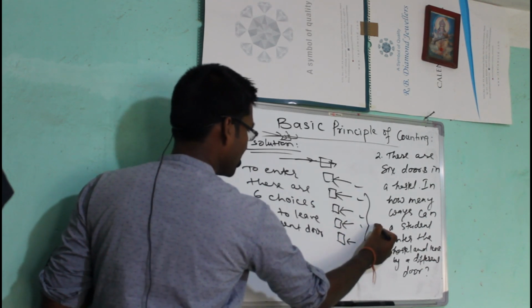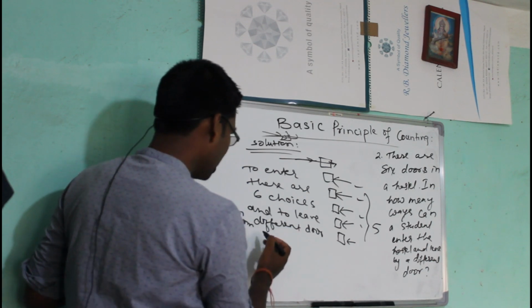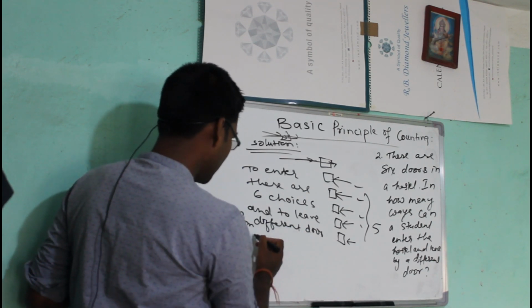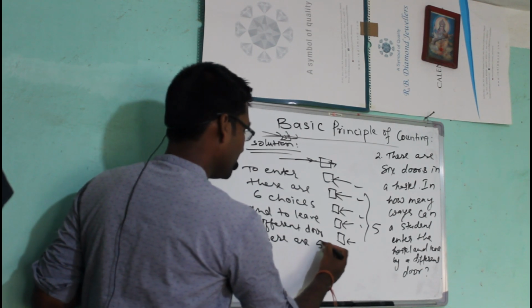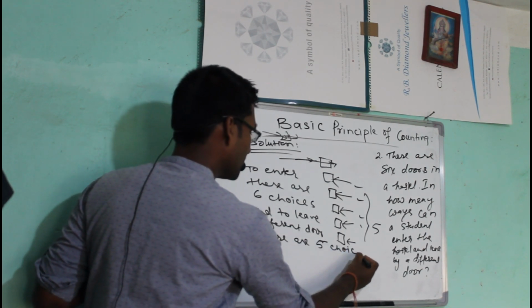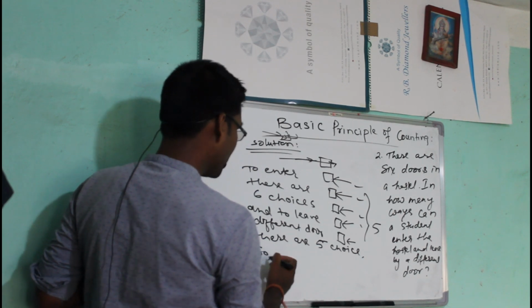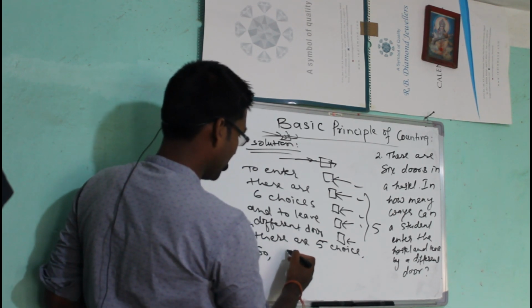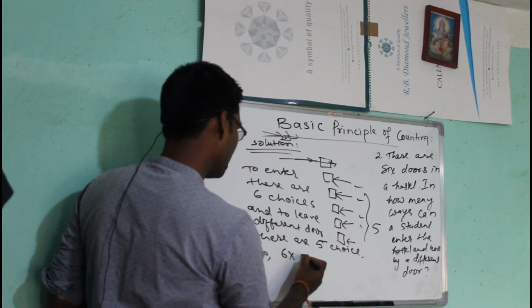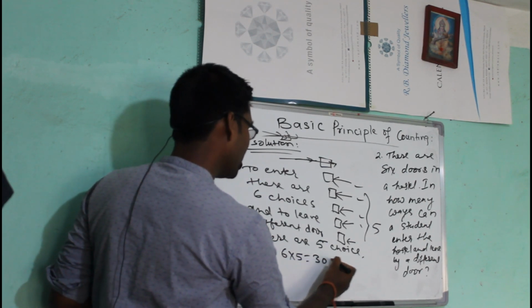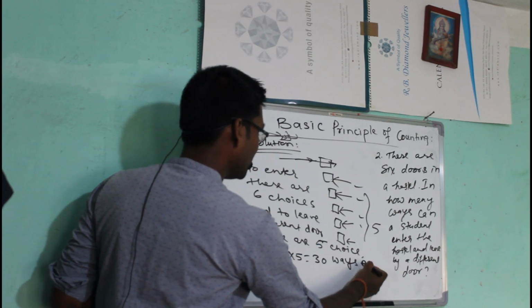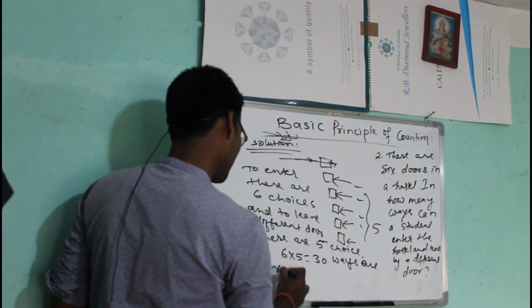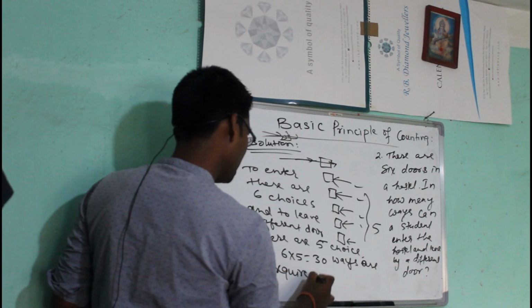So 5 choices to leave from a different door. So we can write here, by the basic principle of counting, 6 into 5 equals 30 ways is the required answer. Okay, it's so simple.